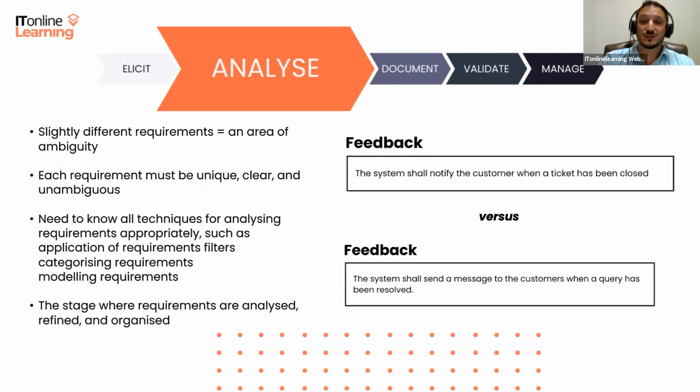So there are also a range of other activities that an analyst may do during requirements analysis, such as categorizing the requirements. During the categorization of requirements, we need to place the requirements into their different categories. As we've said before, we had requirements that had potentially been elicited from senior management or executives, which were the general requirements, which weren't specifically related to the features of a system, but they still need to be categorized as such.